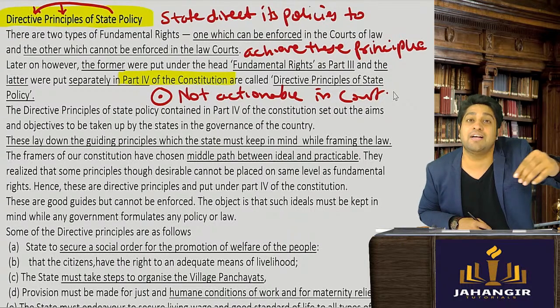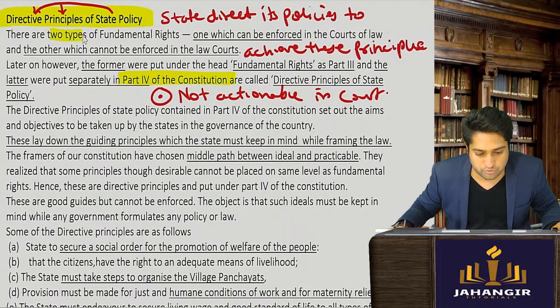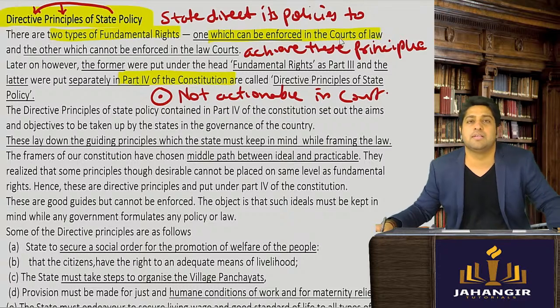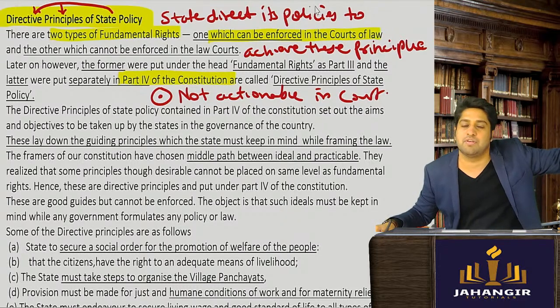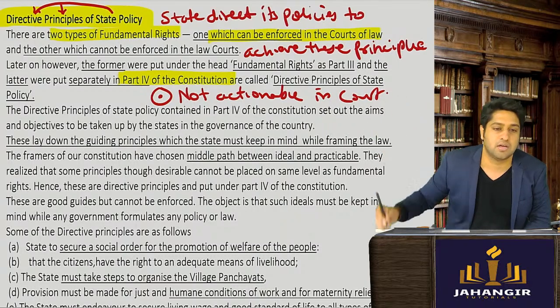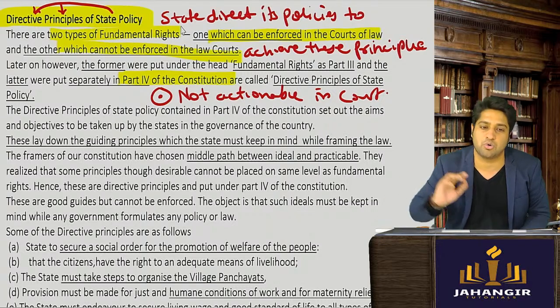Okay, they will try to give you. So the two types of rights, one which can be enforced in law, that is part 3 of the Constitution. If part 3 is not given, you are allowed to go to court and file writs. But if those given under part 4, that is directive principles, you cannot go to court.